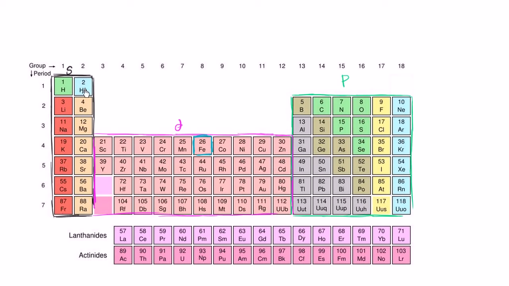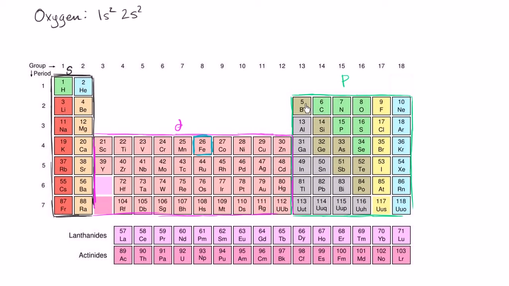It's going to be 1s2, 2s2, and then 1, 2, 3, 4, so 2p4. Actually, let me write that down just for review, so we can compare them. So oxygen, we have 1s2. You fill that subshell. Then you go to 2s2. You fill that up. You're in the second period.